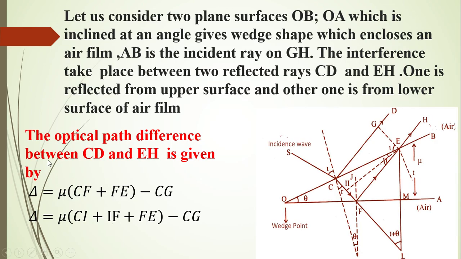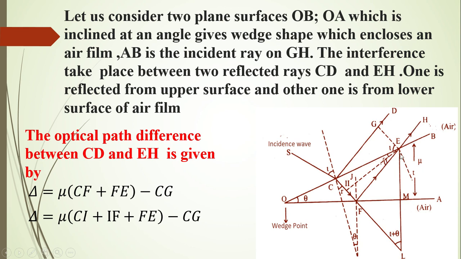Now the optical path difference between CD and EH is given by the following. Optical path means the product of refractive index and the actual path traveled by the light. Now we calculate the optical path of the reflected ray EH.